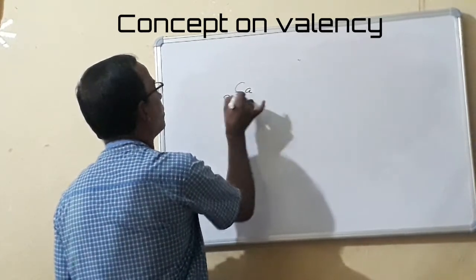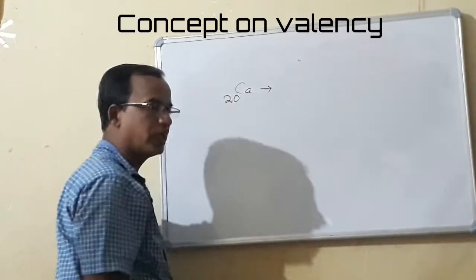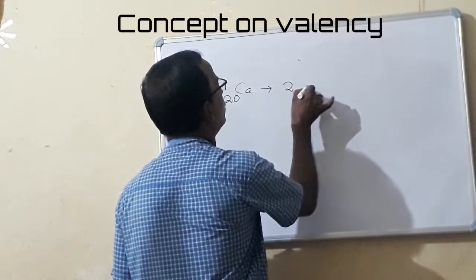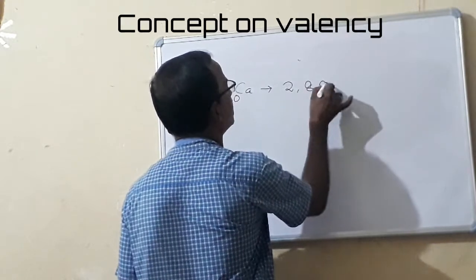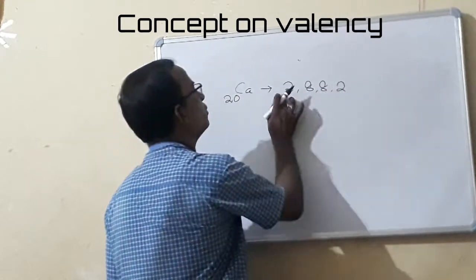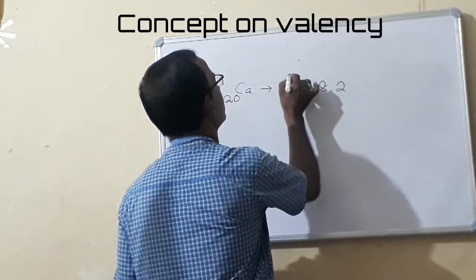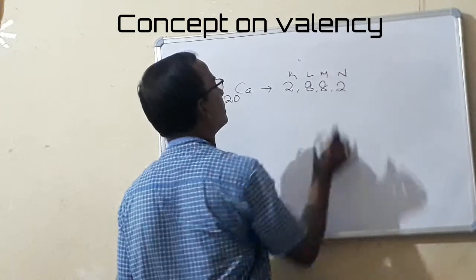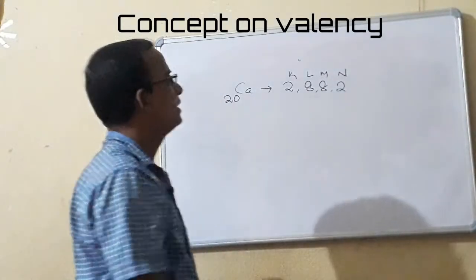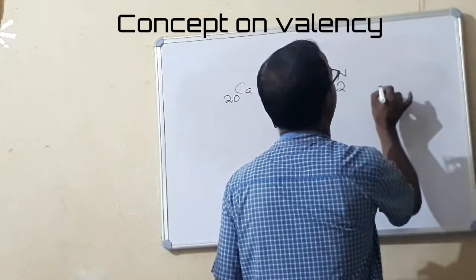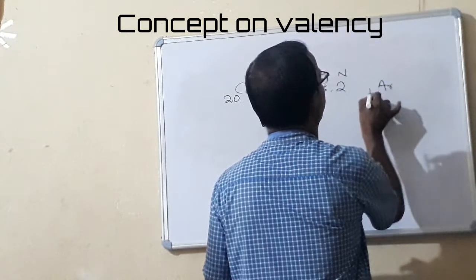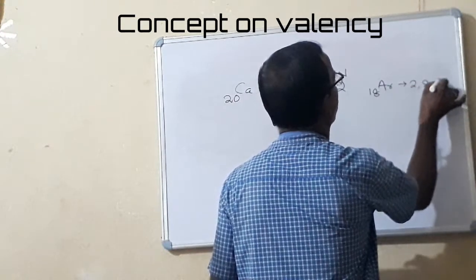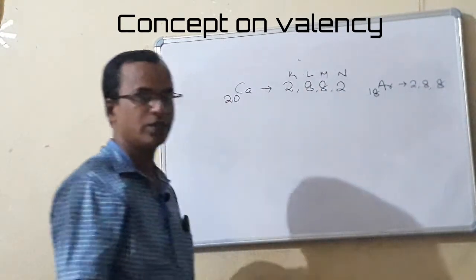Calcium, atomic number 20, so its electronic configuration is 2, 8, 8, 2: K shell, L shell, M shell and N shell. Its nearest noble gas is argon 18, and its electronic configuration is 2, 8, 8.